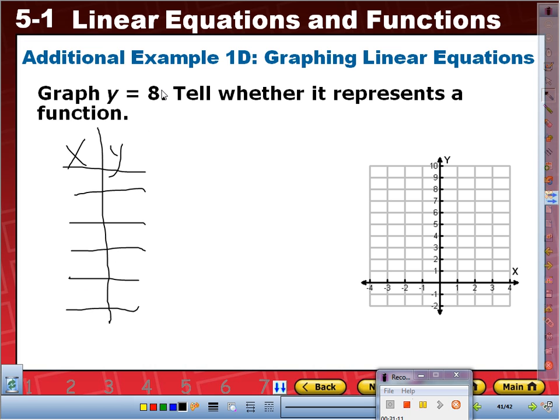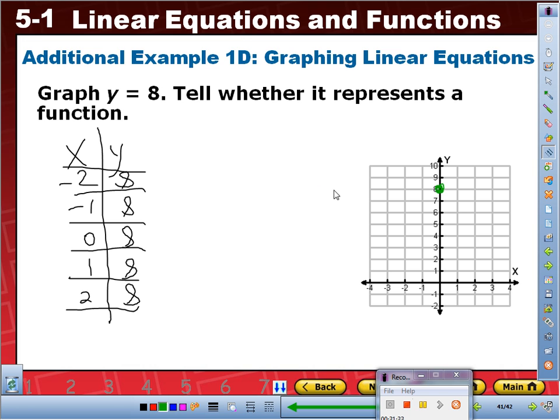That's the only value that you are able to get for y, because y is 8, 8, 8, 8, 8. So what does that tell you here? That we can actually fill the domain: negative 2, negative 1, 0, 1, 2. So if I plot my point at y equals 8, where's y equals 8? It's right here. And this is how you graph it.